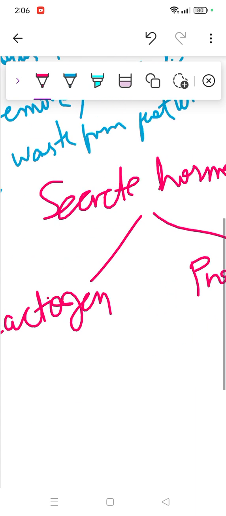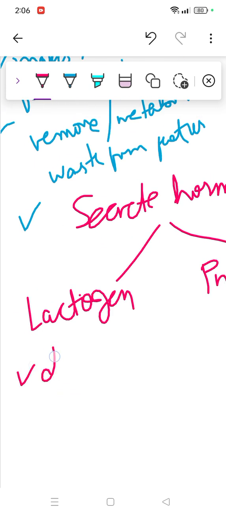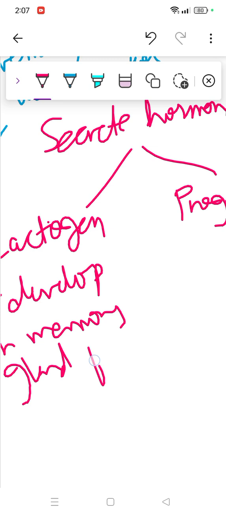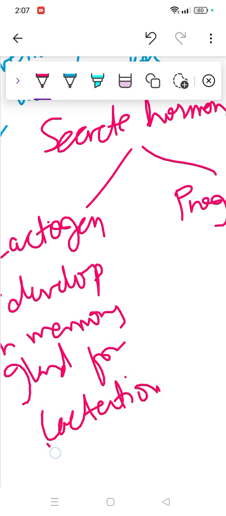Lactogen is involved in the development of the mammary gland for lactation. Lactation is the process when a mother feeds her baby in milk form.